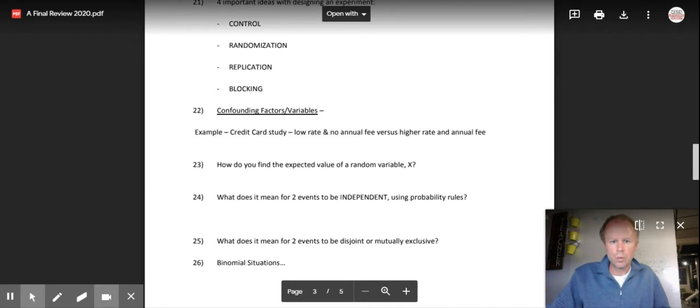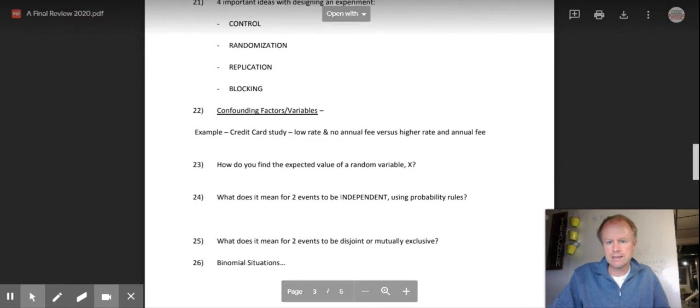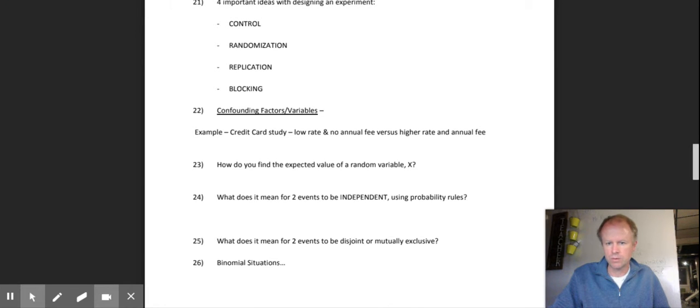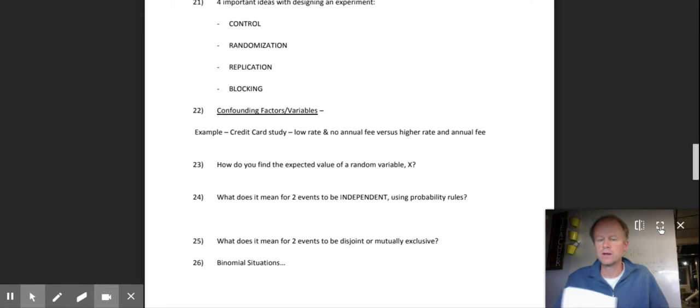Next up, what does it mean for two events to be independent using probability rules? This is really important as well. If two events are independent, the probability of A given B has to equal the probability of A. In other words, the knowledge that B occurred does not change the likelihood that A is going to happen.